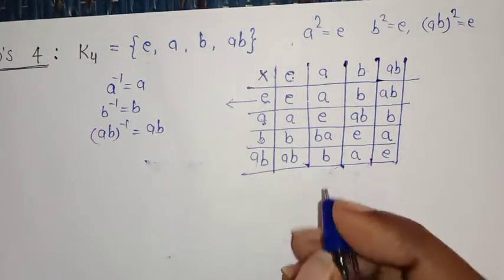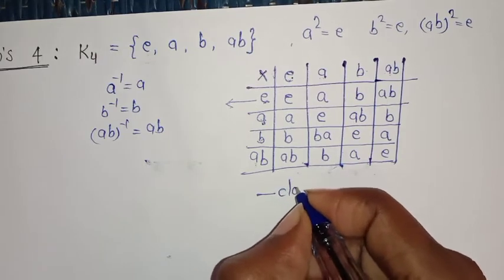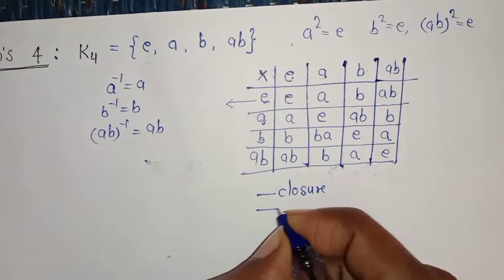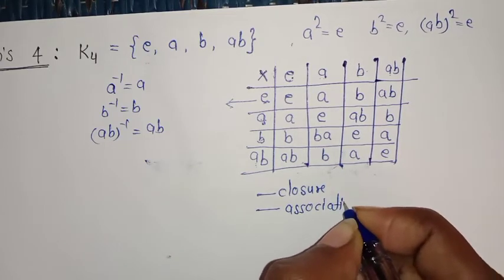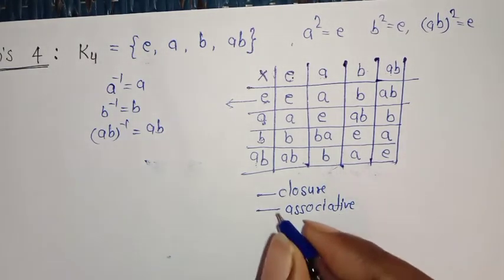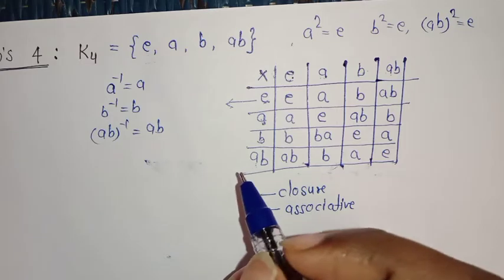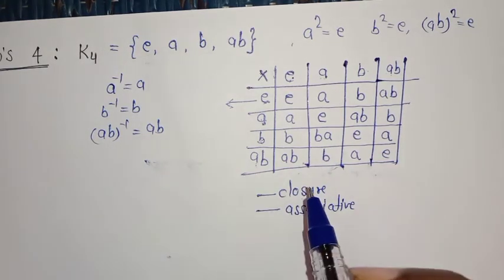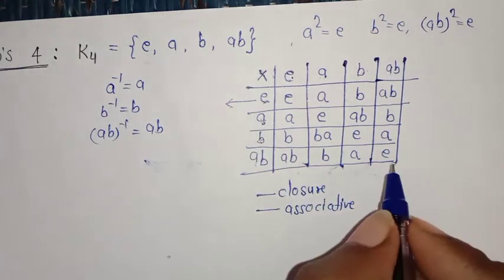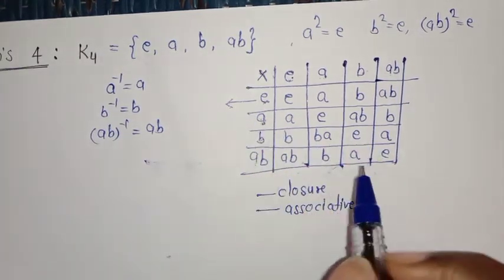So in this way we can say that the closure property and associative property both are satisfied. This is the way to determine whether the Cayley table we are making is forming a group or not. So it is closure because no element is coming from outside.